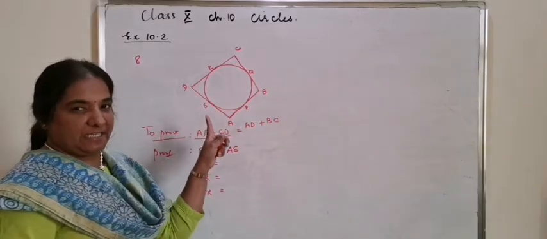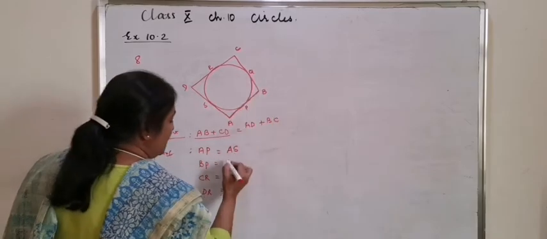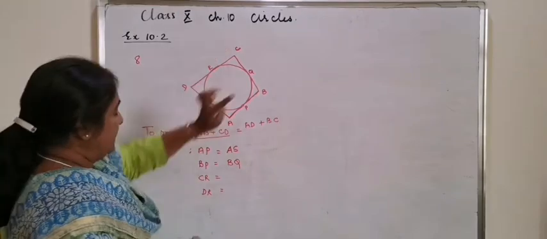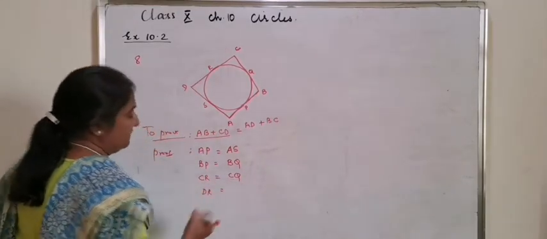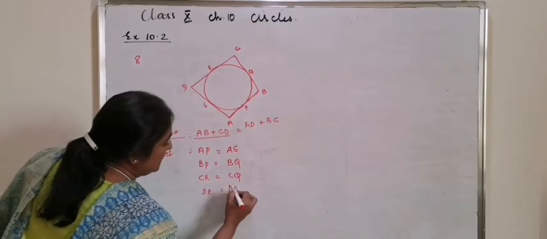BP is equal to BQ. From the vertex C, CR is equal to CQ. And from the vertex D, DR is equal to DS.